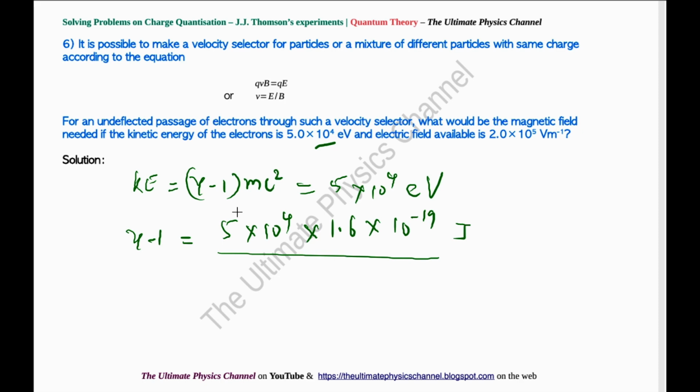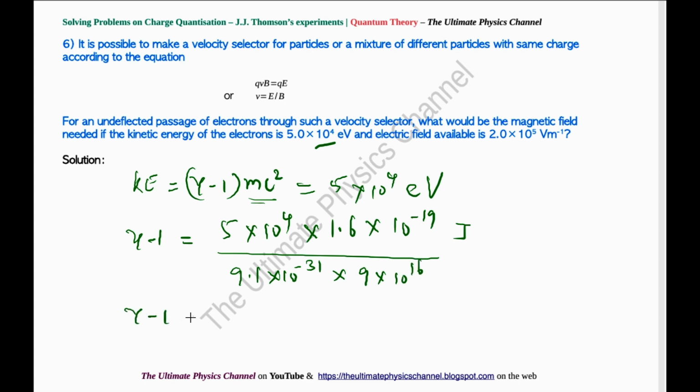Then I divide that by mc squared, which is the mass of the electron, 9.1 into 10 power minus 31 kg, times the speed of light squared, that is 3 into 10 power 8 squared, that is 9 into 10 power 16.